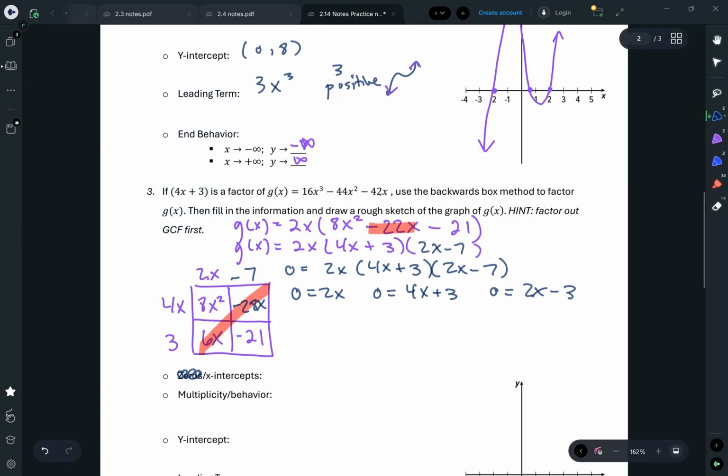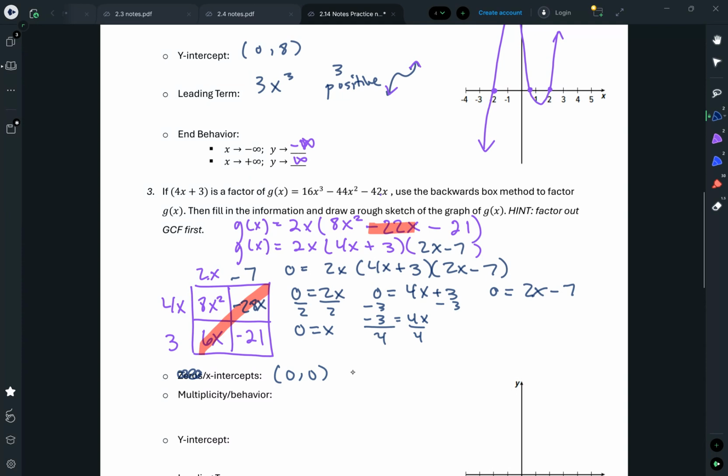I don't know why I wrote a 3 instead of a 7. So divide by 2. So I've got 0. So that's going to be 0, 0. Subtract 3 and divide by 4. So I've got a negative 3/4, comma 0. Here add 7, then divide by 2. So 7/2, comma 0.